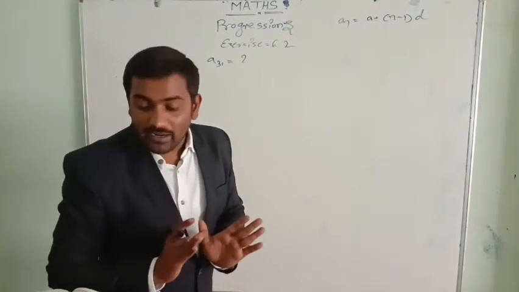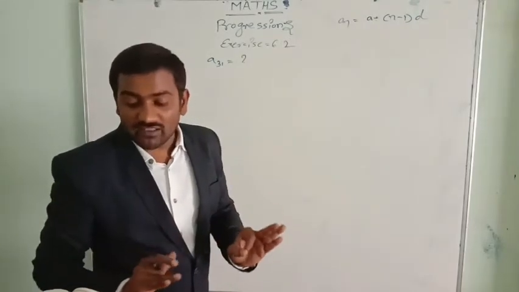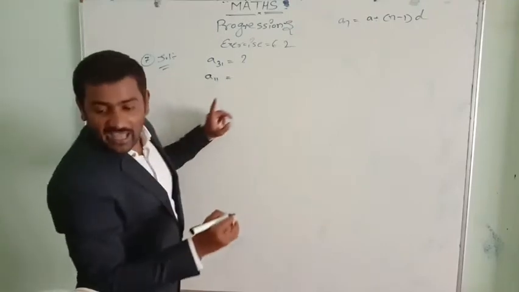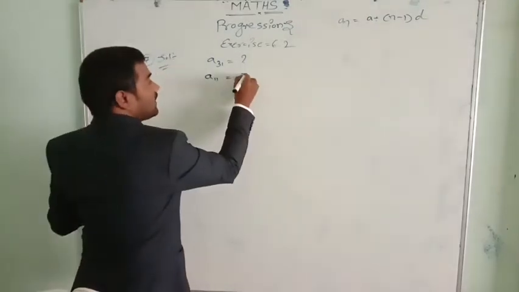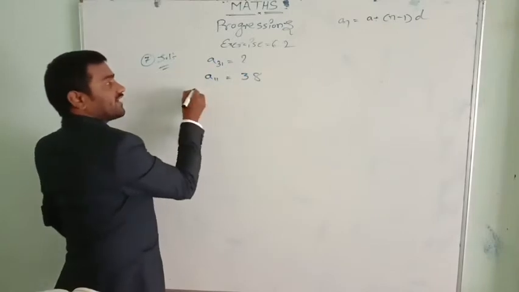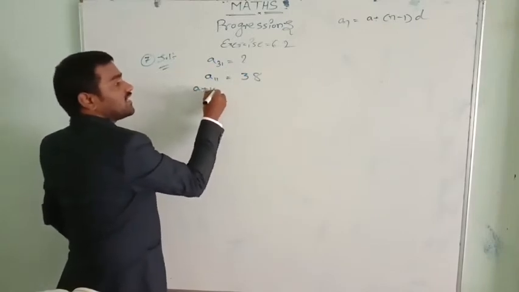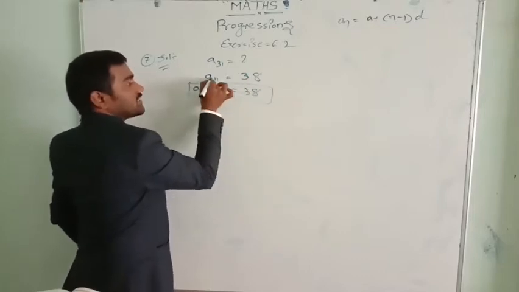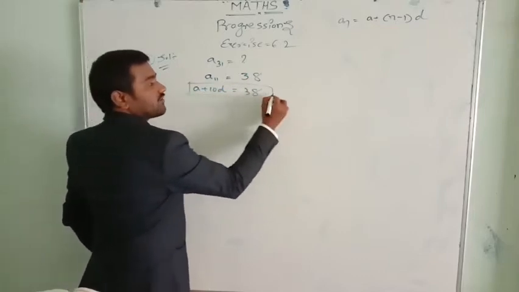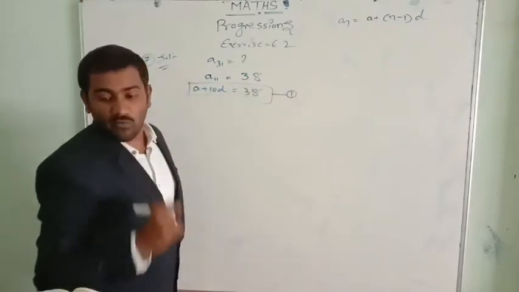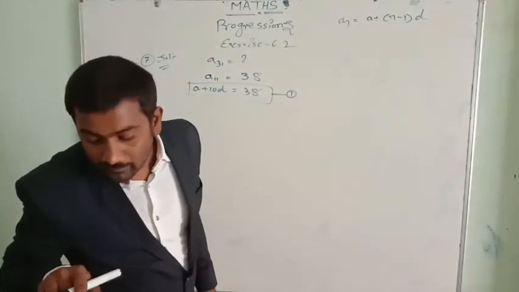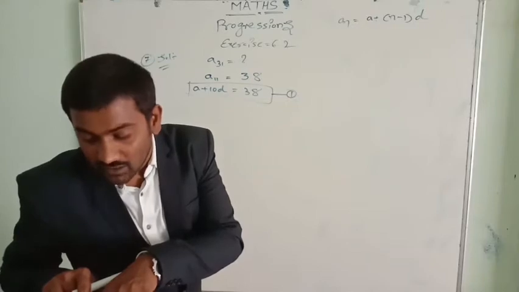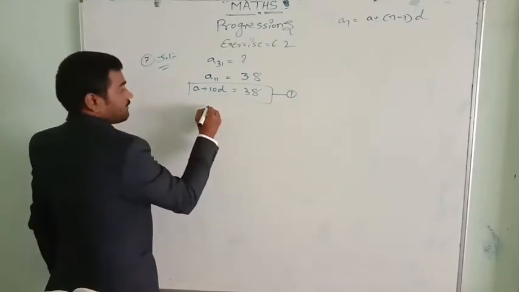Now from the AP, the 11th term, that means A11, equal to 38. This A11 we can write as A plus 10D equal to 38. Equation number 1. And it is also given that the 16th term is 73.